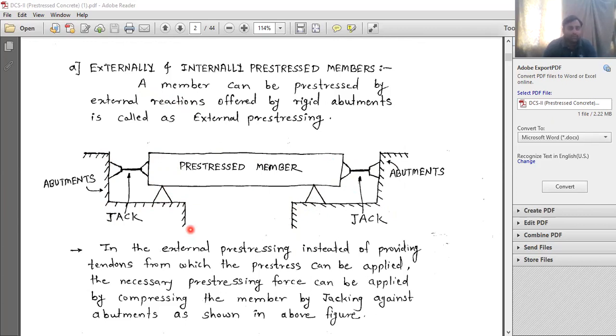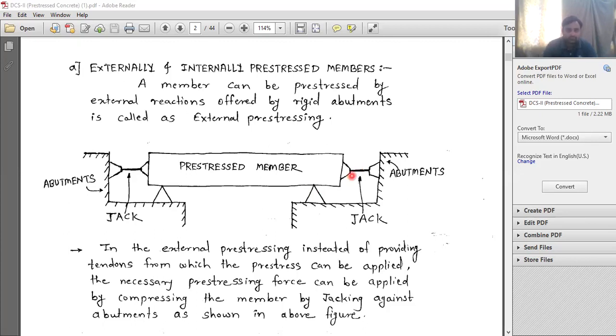Then this is called a jack assembly. Here one bearing plate is also there, and on both sides a plate is there, and here the jack. A jack is nothing but an instrument which we can use to apply the prestress to the tendon.